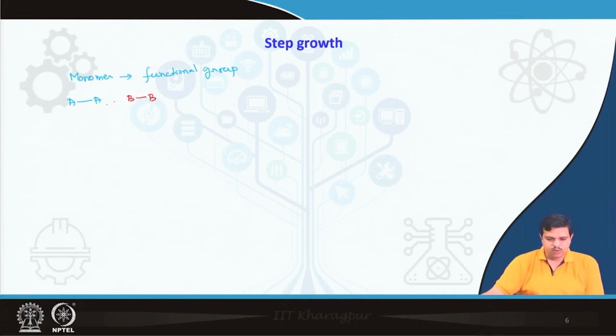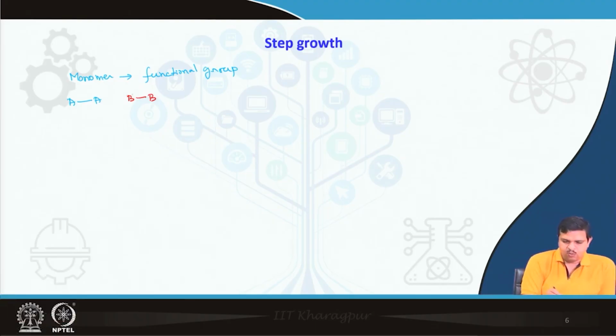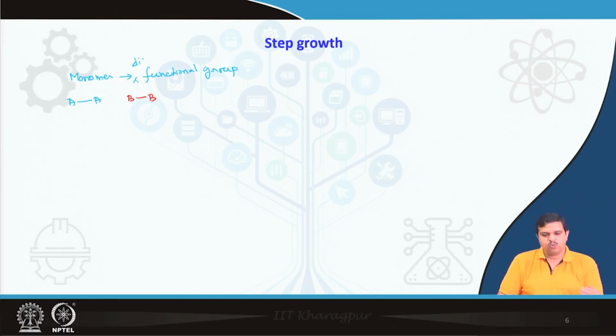So, here you will see that the monomer should be difunctional. So, two monomers may be there, one is the AA, one is the BB, that means one monomer has the same type of functional groups, but difunctional, and another monomer has two functional groups at the end, but the same functional groups. Okay. And another possibility is like this one.